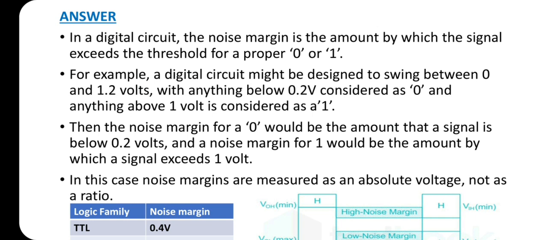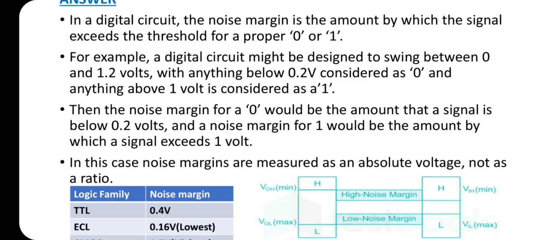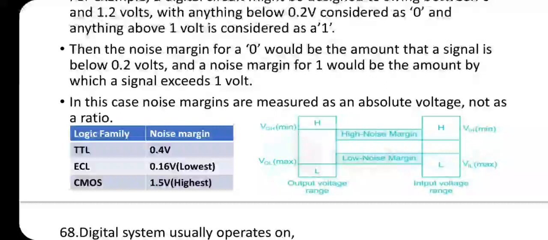Then the noise margin for 0 would be the amount that a signal is below 0.2 volts and the noise margin for 1 would be the amount by which a signal exceeds 1 volt. In this case, noise margins are measured as absolute voltage, not as a ratio.